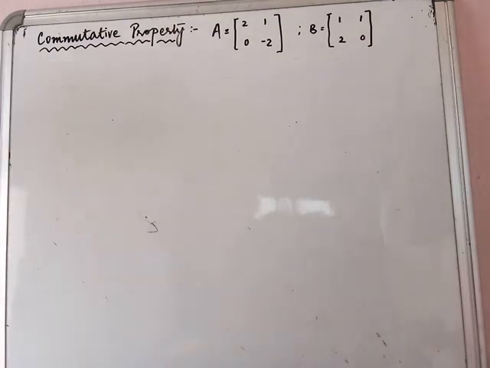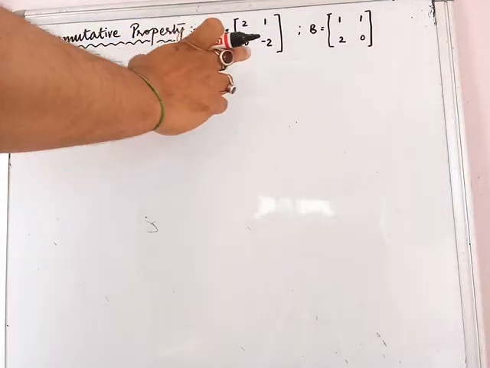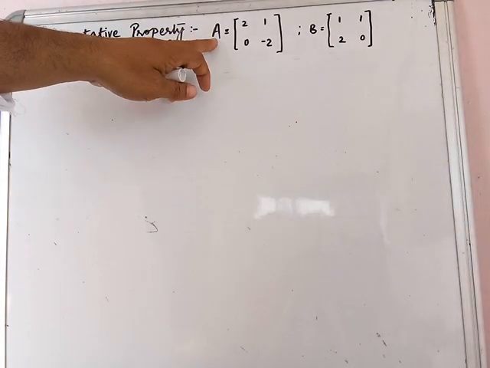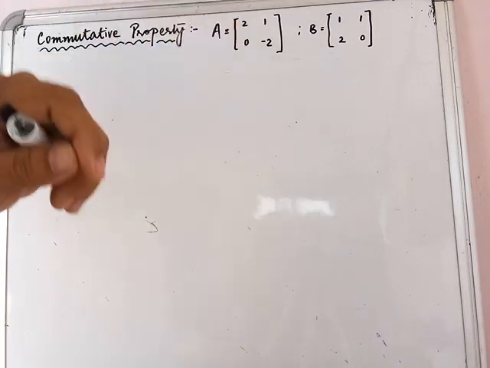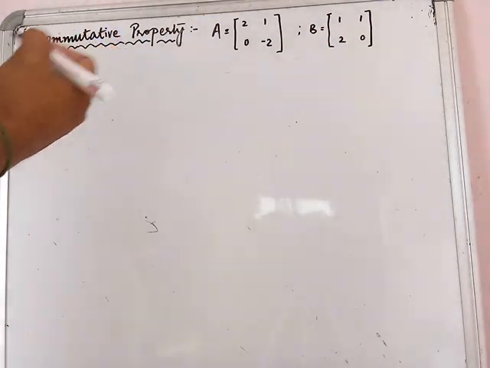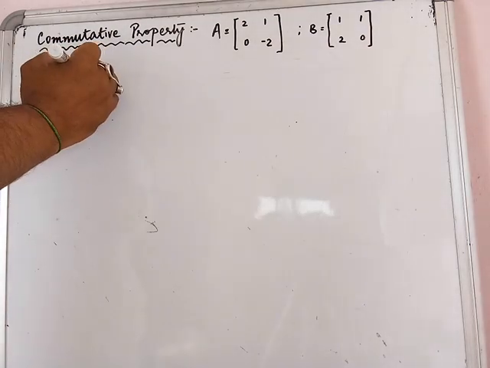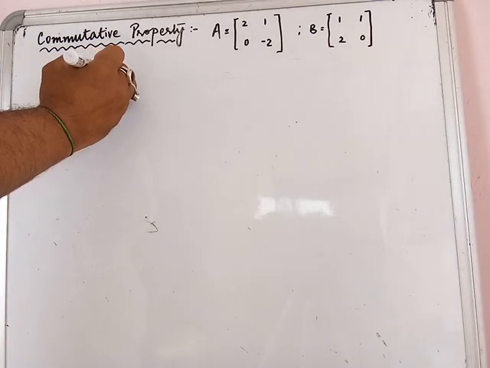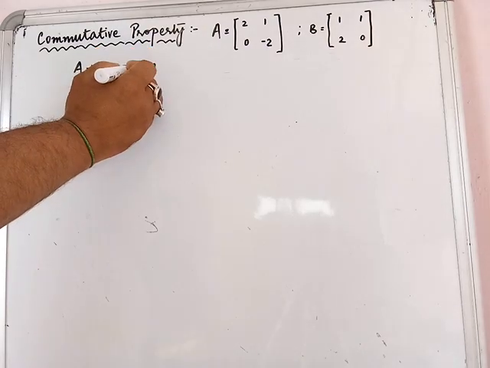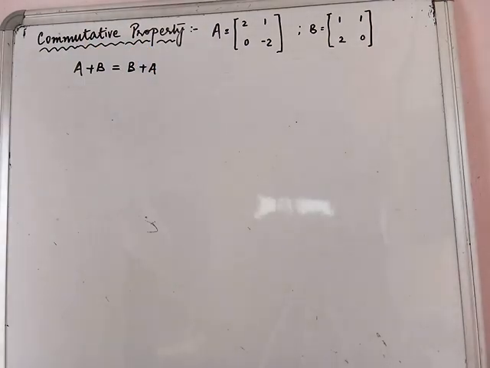Take two matrices as an example, matrix A, which is given by this, and matrix B like this. What does the commutative property in the case of addition of matrices say? It says that A plus B and B plus A should be equal.